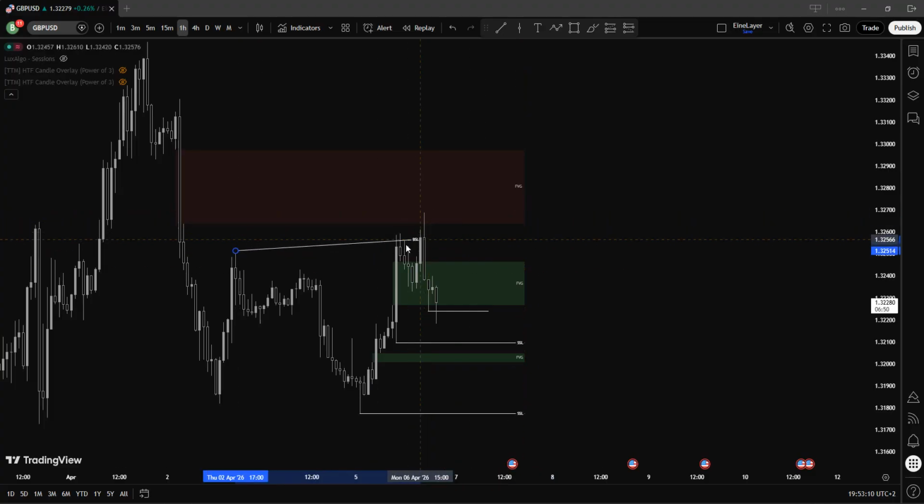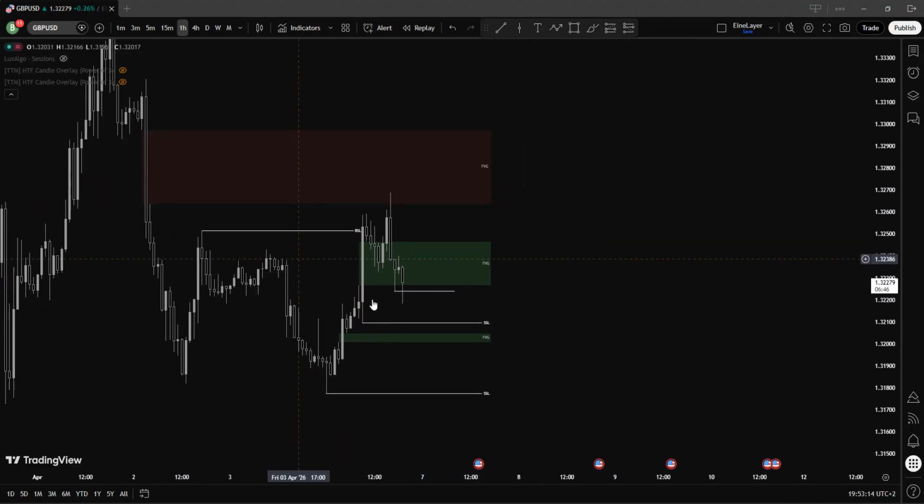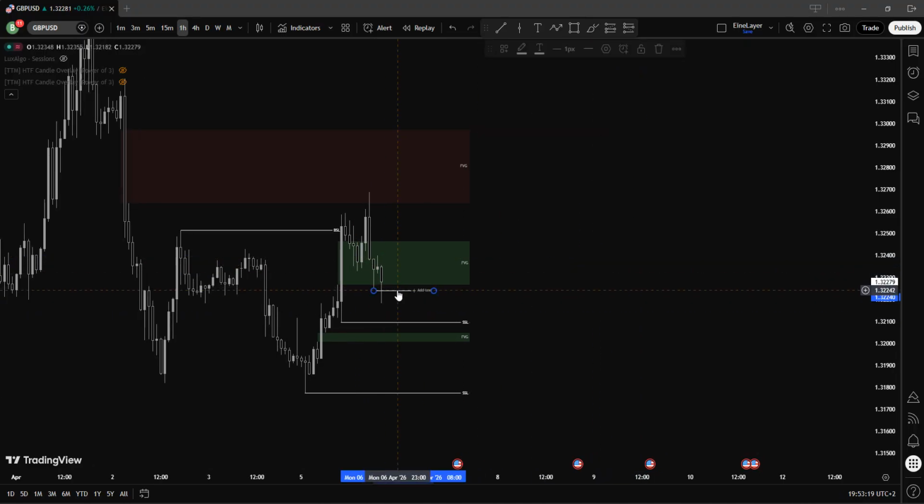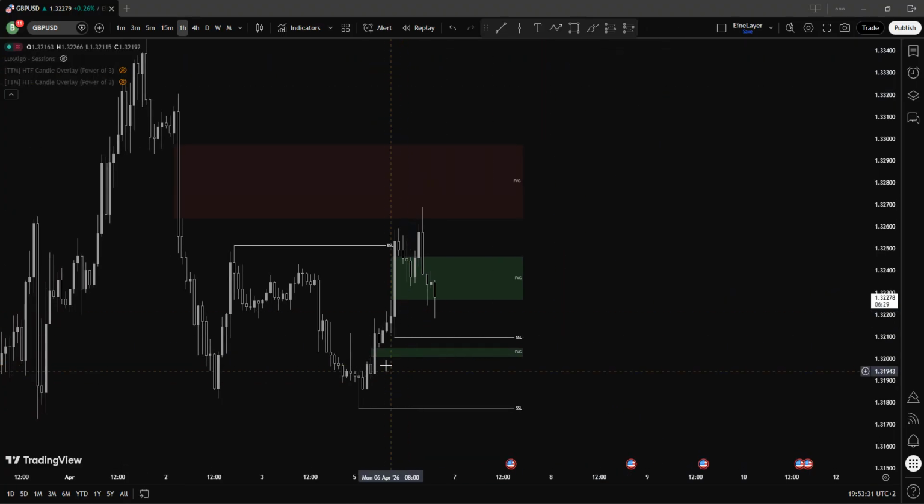My chart was looking like this at the start of the New York session. This wasn't here, and it was just like this. Picture from this to the left. That was my chart at the time of the open.